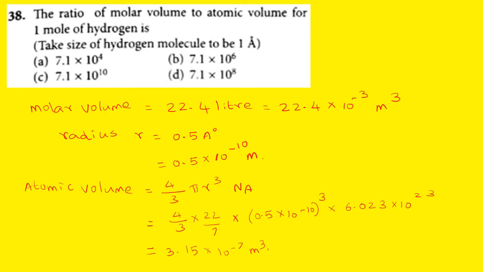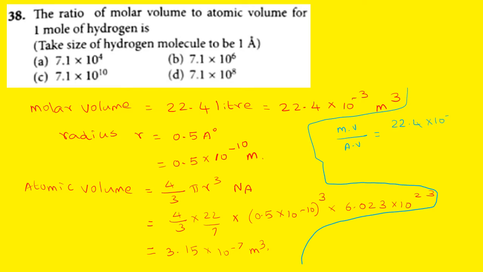So what we have done is the atomic volume. The question they are asking is the ratio of molar volume to atomic volume. So let me continue with some other color. Molar volume by atomic volume. Molar volume is 22.4 into 10 power minus 3, divided by the atomic volume 3.15 into 10 power minus 7.